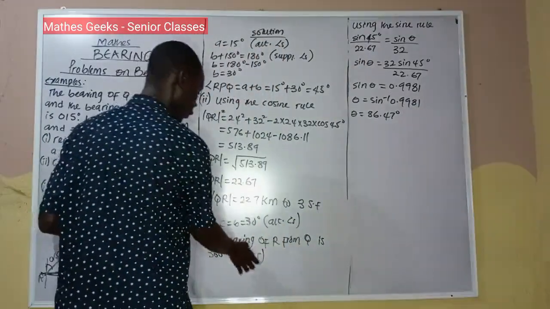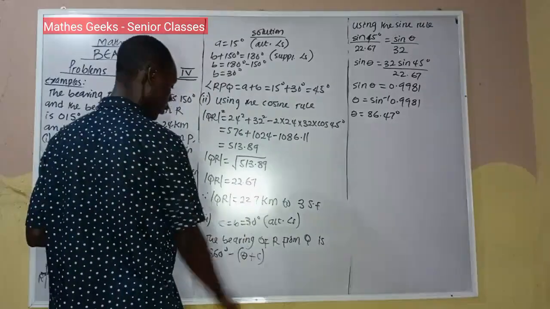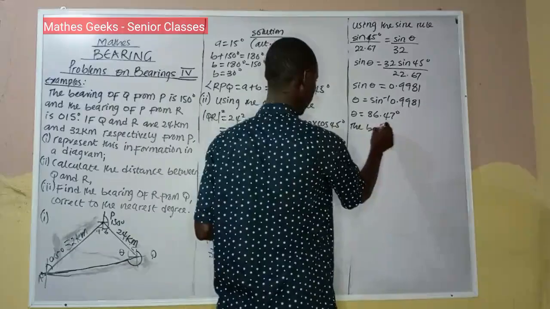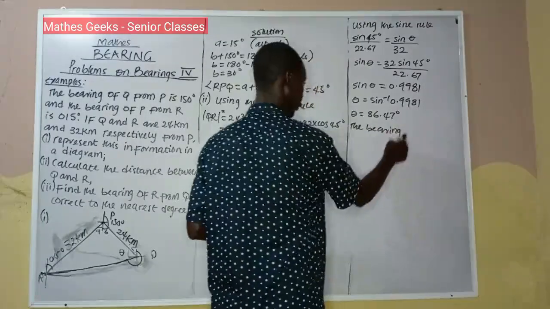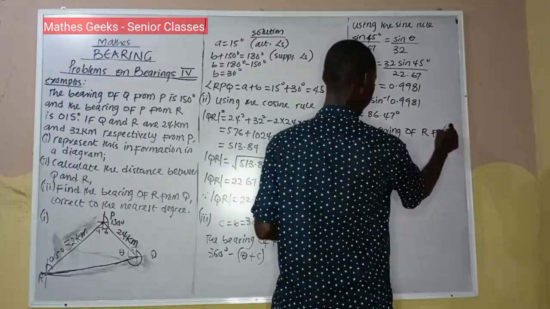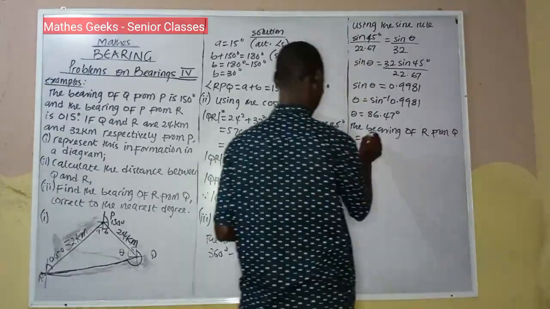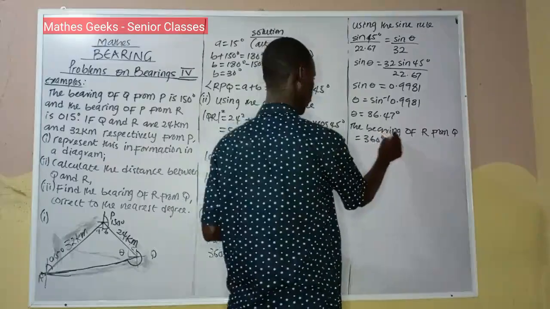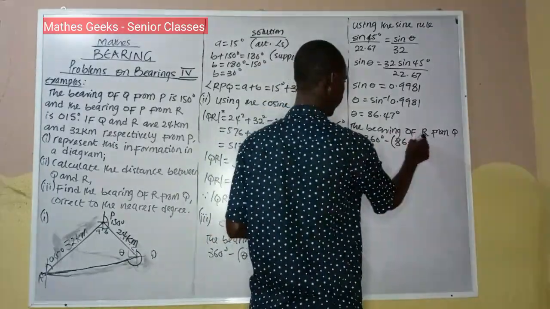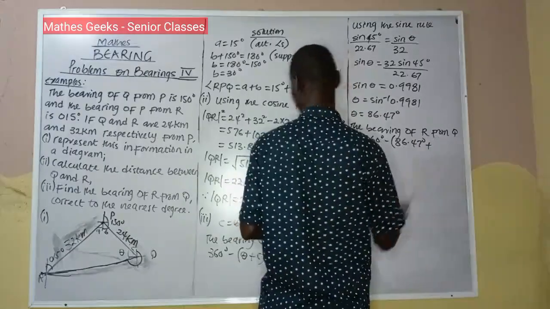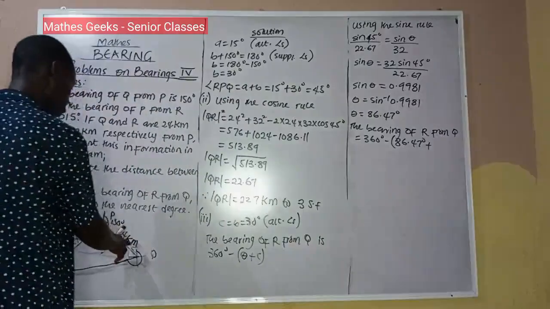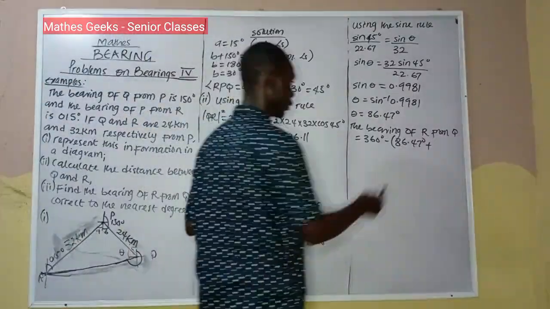And we got theta because it's needed in this expression. So I'm going to say the bearing of R from Q is equal to 360 degrees minus 86.47 degrees plus C, angle C, which is here, and C is 30 degrees.